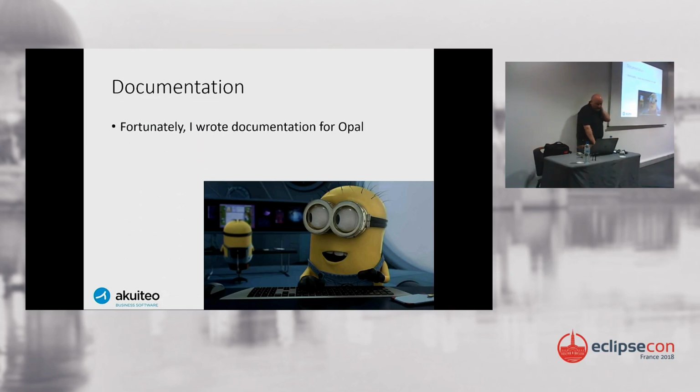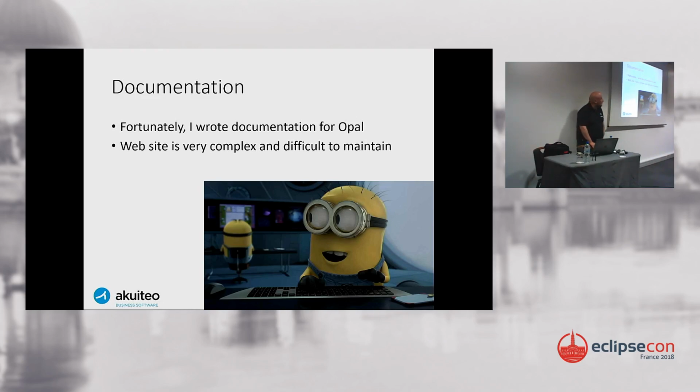Fortunately, because I was fed up with documentation lacking in many projects, I had written the documentation for the Opal project. So I just had to migrate it and fix some mistakes, of course. And Wim told me that the website is very, very strange.